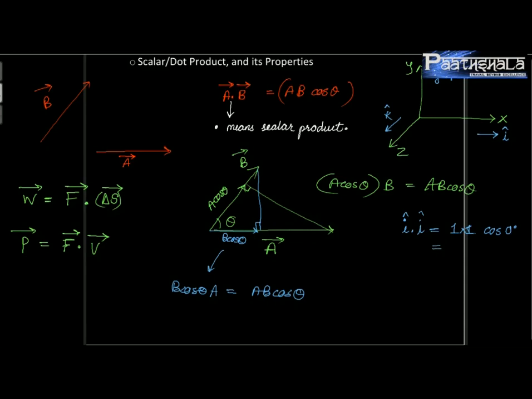So this equals 1. Similarly, it's easy to note that j hat dot j hat also equals 1, and k hat dot k hat also equals 1.